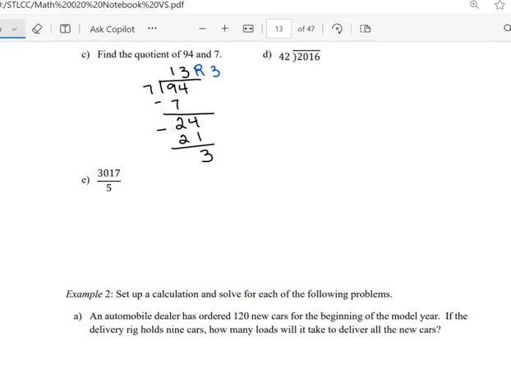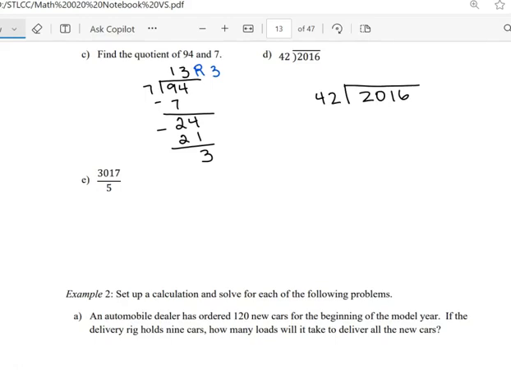So let's move on to the next problem. 2016 divided by 42. Okay, so now we're looking at a double-digit number.